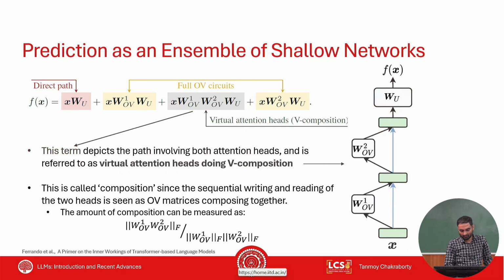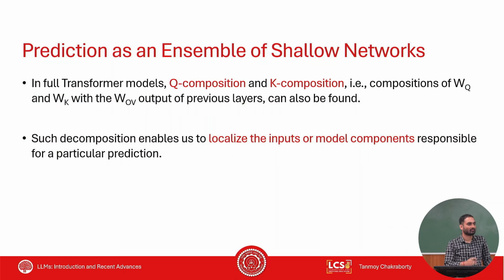Now, why do we need all these things? Why do we need to decompose an attention into so many components? Because this will help you understand the inner working of the transformer better. We'll look into each of these circuits separately, and we will explain how a transformer model works.